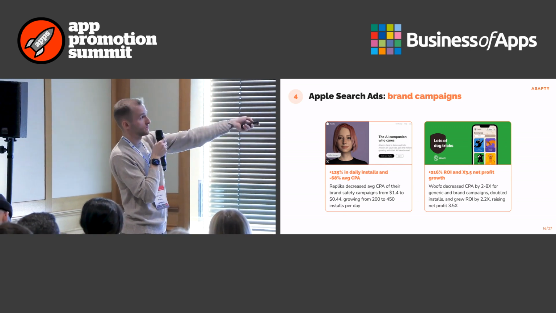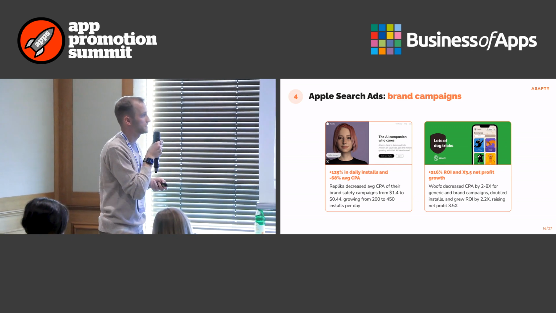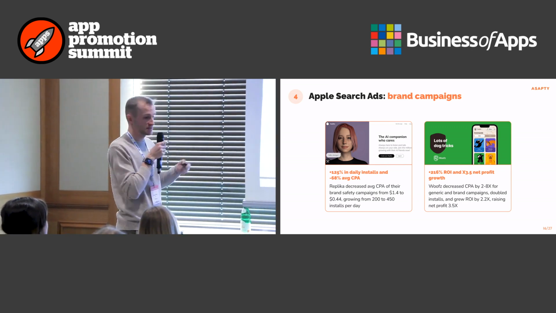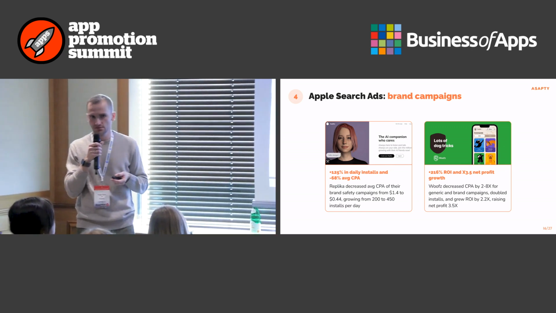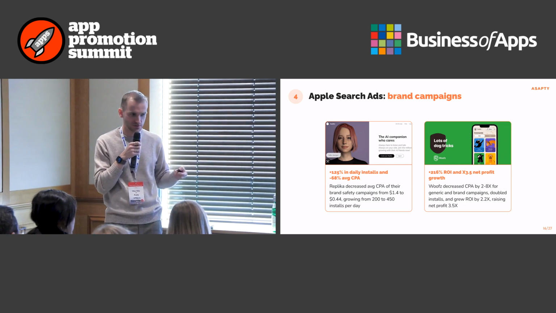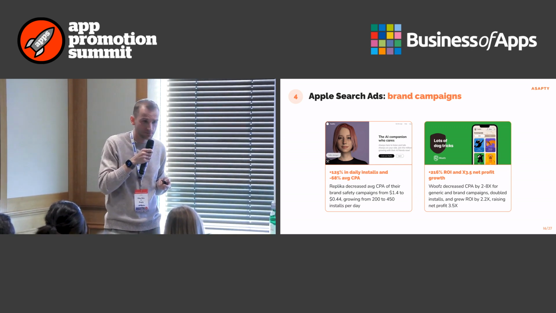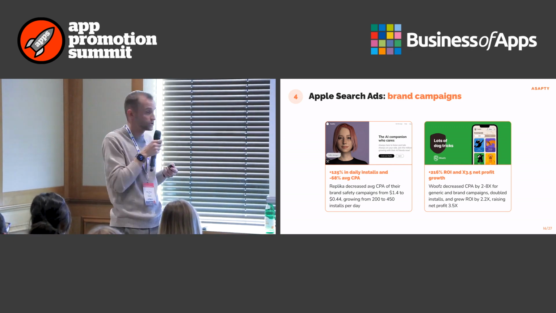And one more case that I really love, the Woofz app. It is a dog training app, and it is a completely opposite case for us. They already were doing really great in Apple Search Ads. They came to us with the situation that they already had 120% ROI of their campaigns, and they wanted to try our approach.